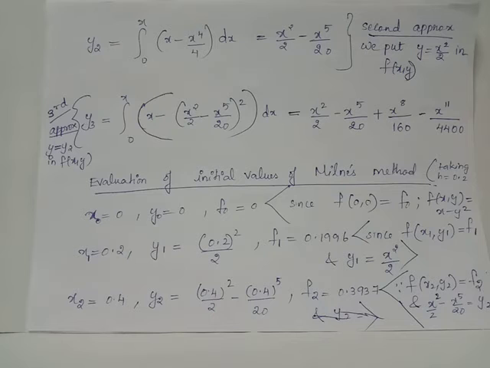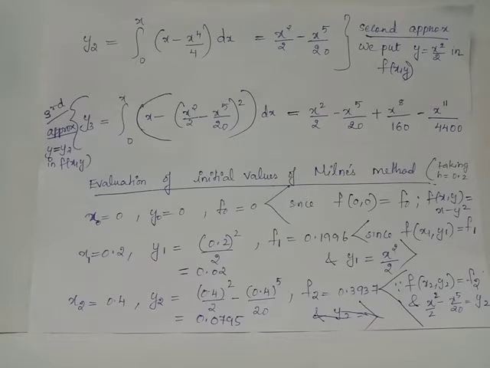Having found the value of y2, we will compute f of x2, y2, which equals f2. Thus, we have f of x2, y2 equals 0.3937. We get f of x2, y2 equals 0.3937 by giving x2 equals 0.4 and y2 equals 0.0795 in the expression of f of x y.